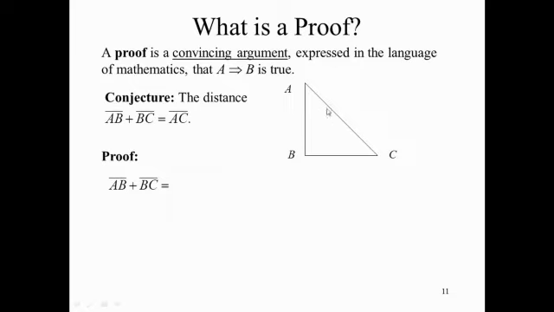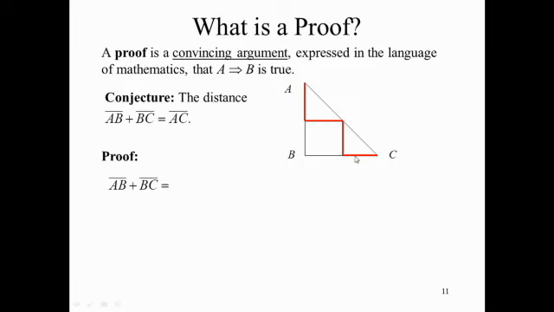So let's look at the distance from A to B plus the distance from B to C. And I'm going to break that distance down as follows: this red line plus this red line plus this red line plus this red line. So let's look at why that's true. The distance from A to B is this red line plus this red line.